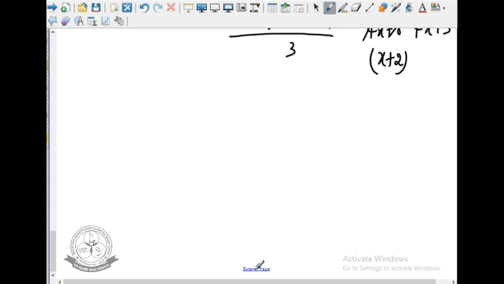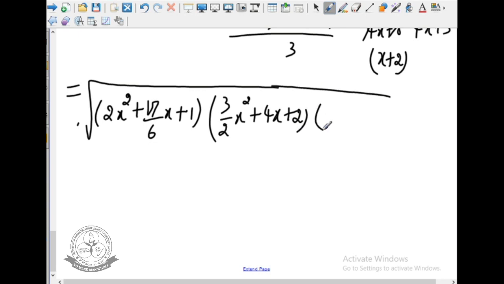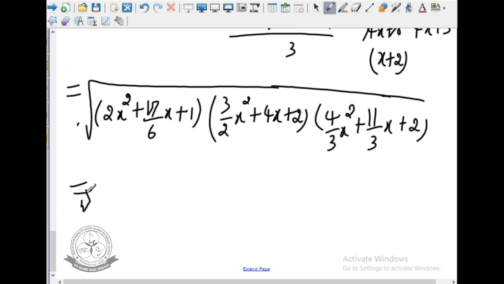So for 3 terms I found out the factors. So here I am going to write the question, square root of 2x square plus 17 by 6x plus 1 into 3 by 2 x square plus 4x plus 2 into 4 by 3 x square plus 11 by 3x plus 2 is equal to the factors.